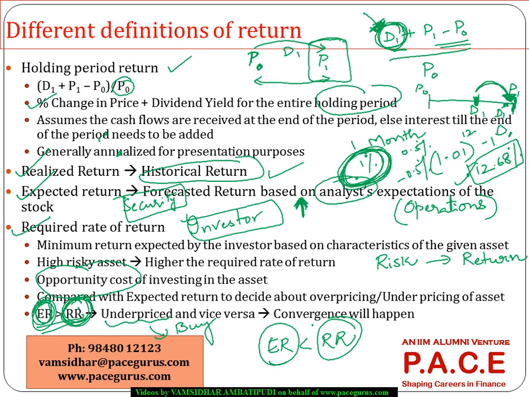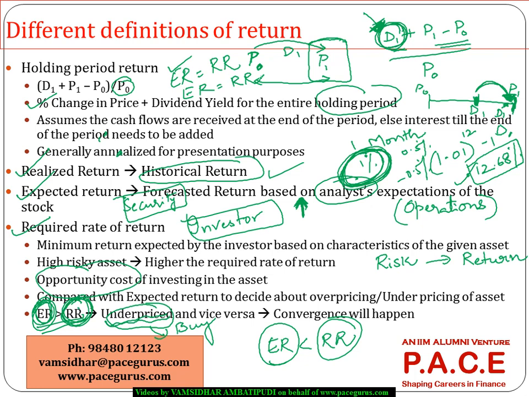If a huge buy recommendation is given, the price is going to go up, which means the expected rate of return will slowly become equal to the required rate of return. Similarly, on the other side, if a sell recommendation is given, a lot of selling will happen, which makes the price come down, which will again result in the expected return converging to the required rate of return.